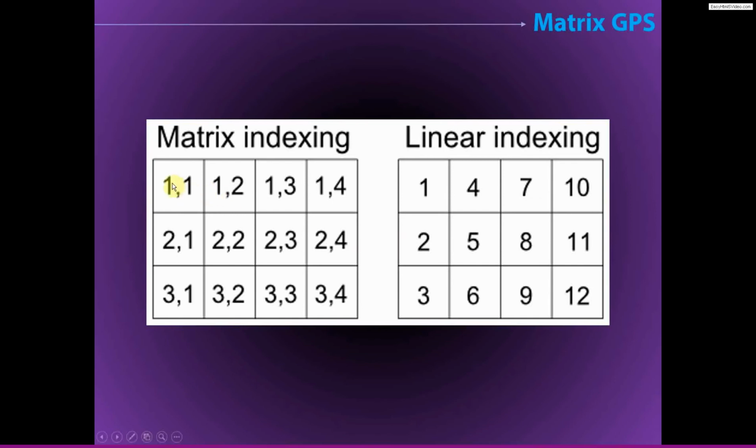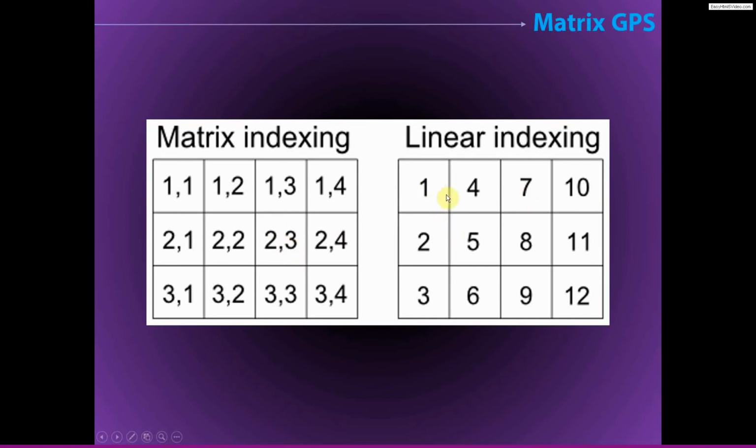So here we have a 3 by 4 matrix, and these coordinates are how you would refer to elements inside a matrix. So this is 2, 3. That means it's the second row and the third column. But in MATLAB, you can also index each of these elements using just a single number.